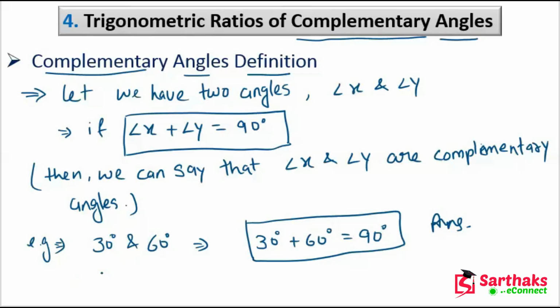It may also be 45 and 45. These angles are also complementary angles. So complementary angles are those angles whose sum is 90 degrees. Okay, let's go on.